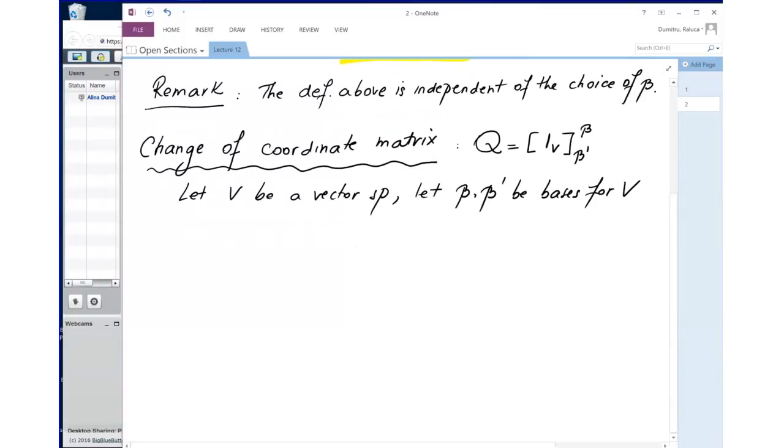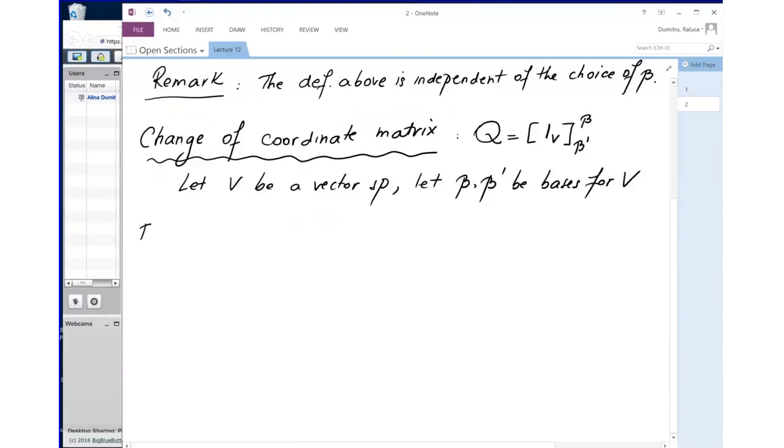So for example, just to see exactly what this does, let's say V is R2. I'm going to pick two bases for R2.